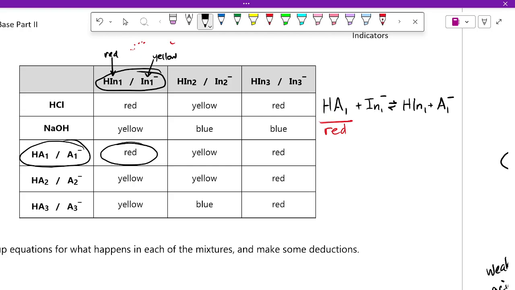Oh, what am I doing? No, HA1 is not red. Who's red? HIN1. Oh, I'm so sorry. Like I said, messy brain this morning. Monday morning brain. This one here is red. So if we see red, which side is favored? Products or reactants?